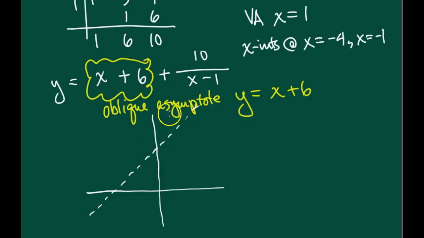I also have a vertical asymptote at x equals 1. And I have x-intercepts at negative 4 and negative 1.